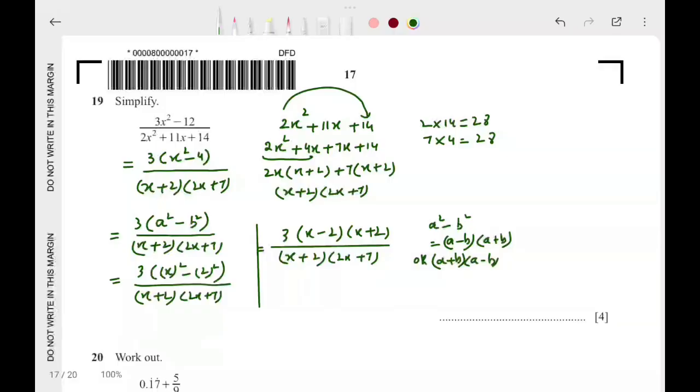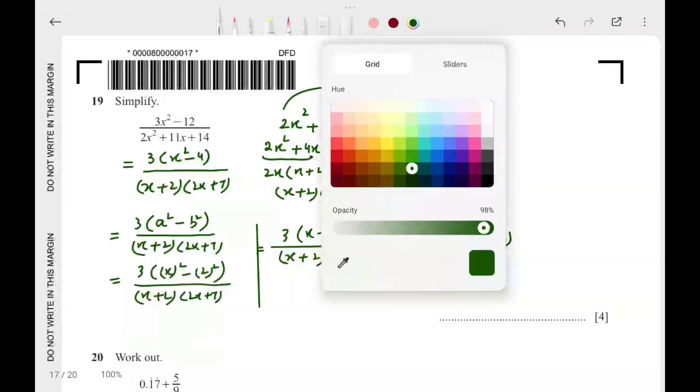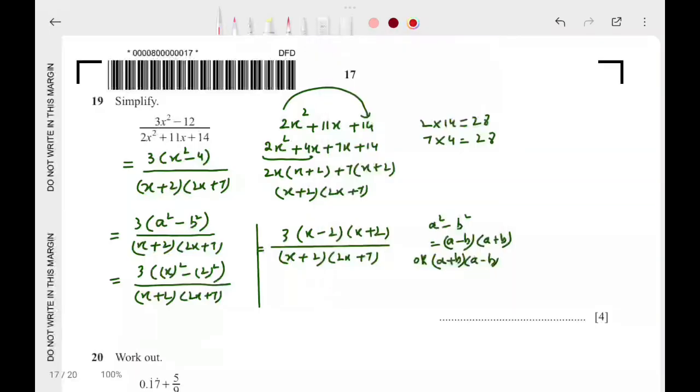So x plus 2 and x plus 2 would be cancelled out. Now the final answer would be 3 times x minus 2, over 2x plus 7. This would be the final answer.